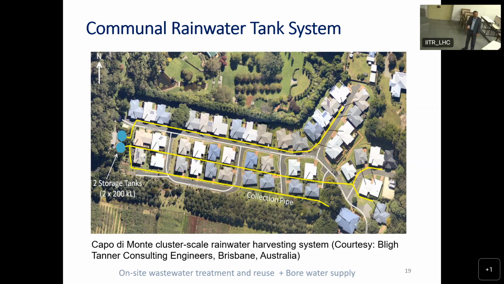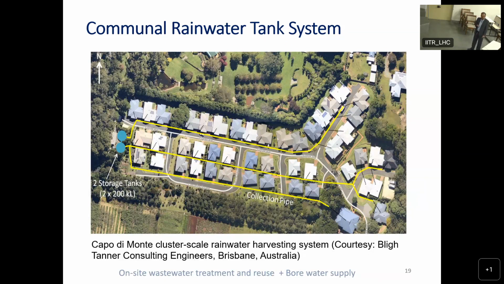for non-potable supply. So the garden all around over here is quite green because there is water available for non-potable supply using the wastewater. The entry is from that side. Water is flowing through gravity to this, so this slope is in this direction.